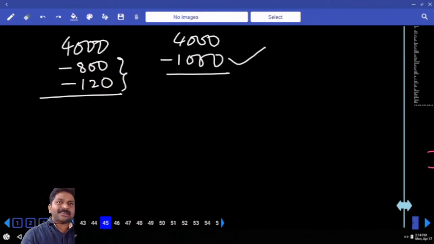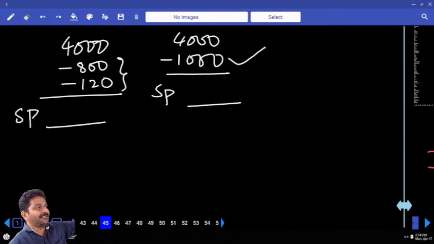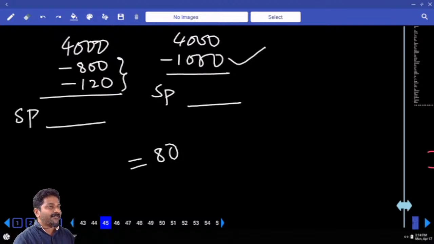See, when the market price is same, difference in selling price will be same as difference in discount only. First person is giving 920 discount, second person is giving 1,000 discount. Difference of the discount is 80, and the same will be difference of the selling price.